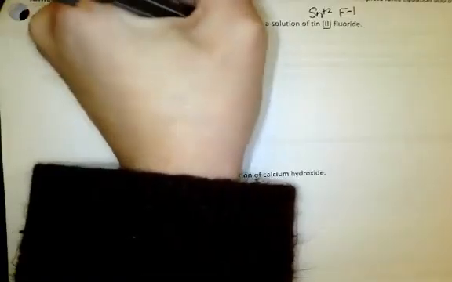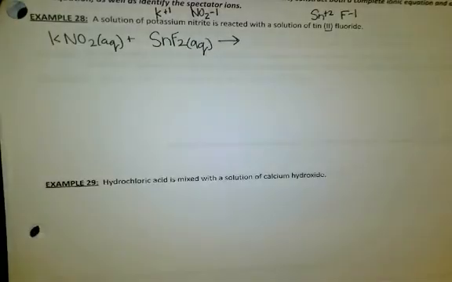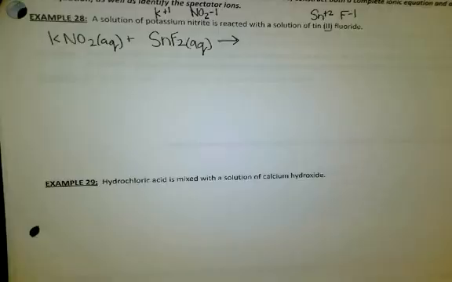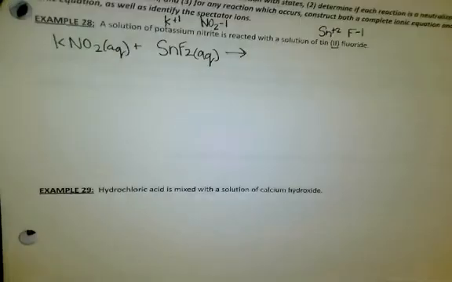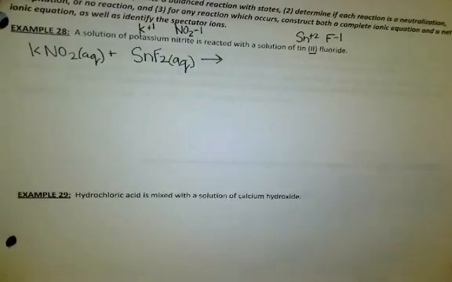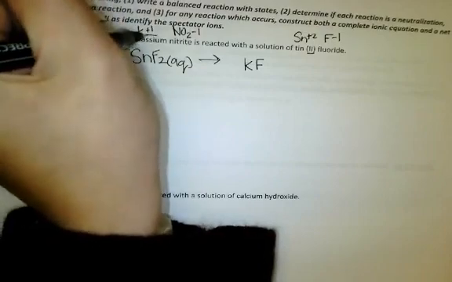Now we predict. So in double replacement reactions, they just switch, right? So I'm just going to switch the potassium and the tin. Now when I switch them, I have to pay attention to those charges, right? So when I switch them, I get KF, but I have to double check my charges. I have potassium +1, fluorine -1. So KF is correct.